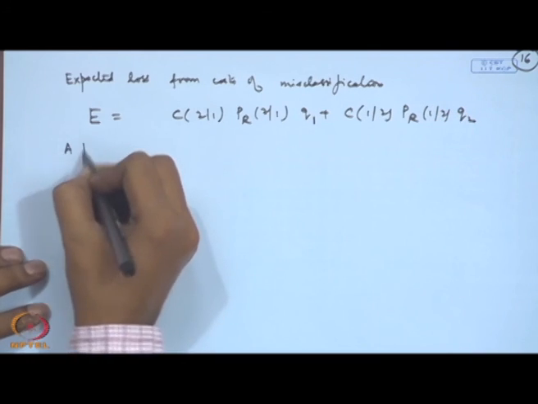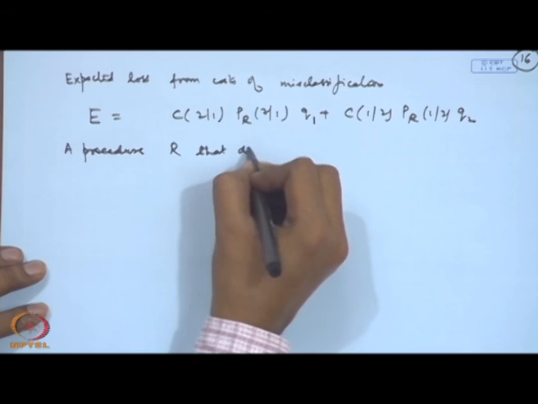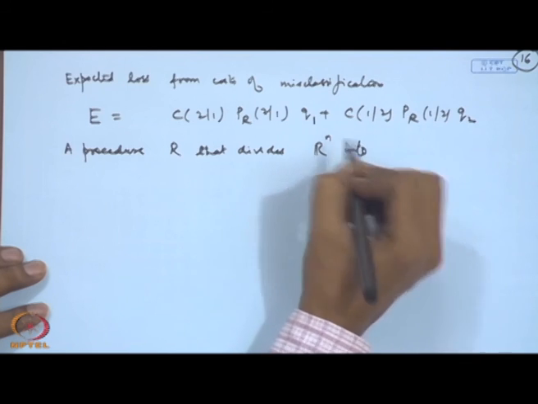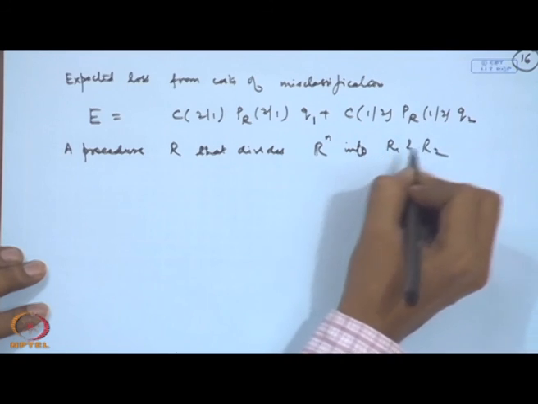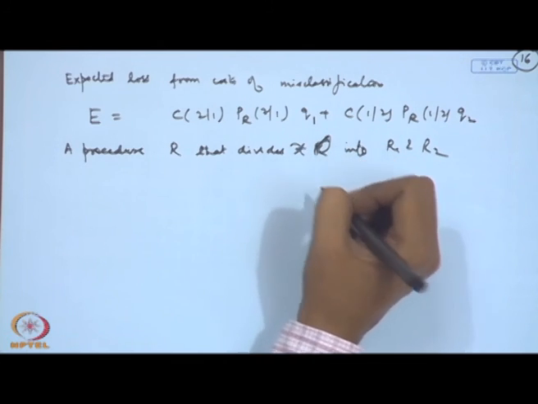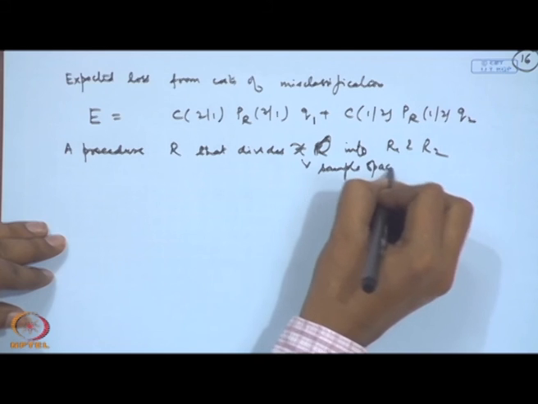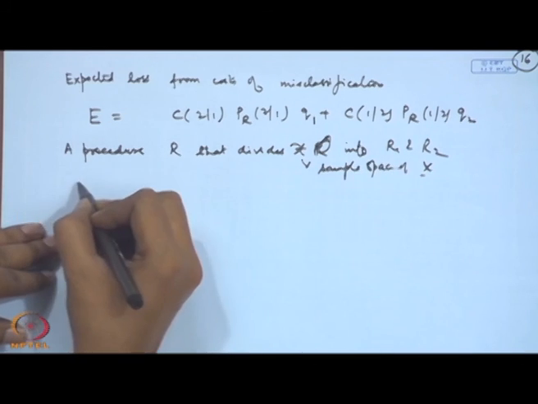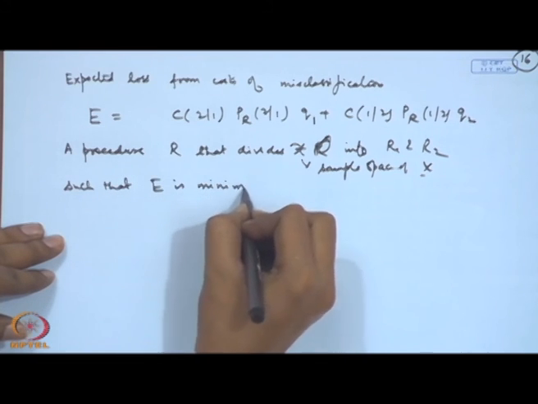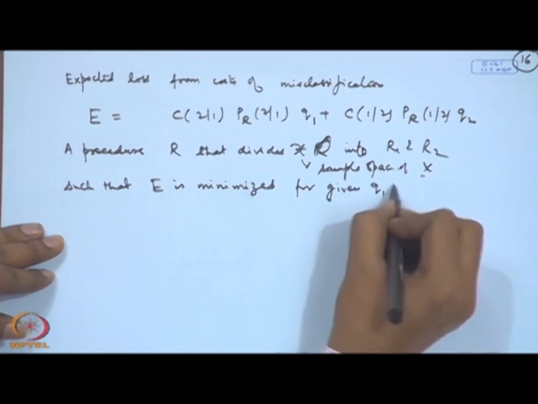So, a procedure R that divides the sample space x, not R n, because I have not mentioned the dimension here, into R 1 and R 2, such that E is minimized for given q 1 and q 2.